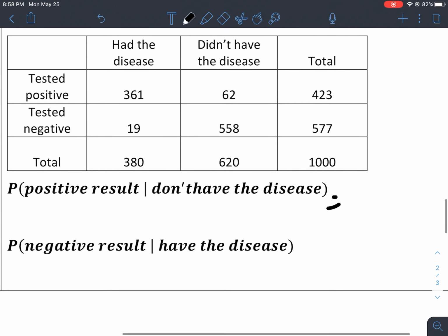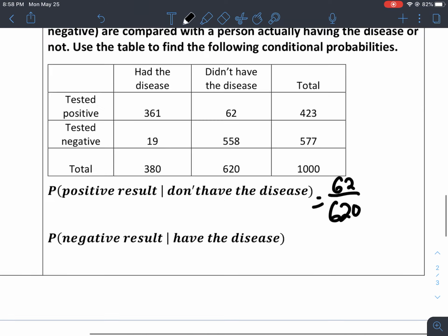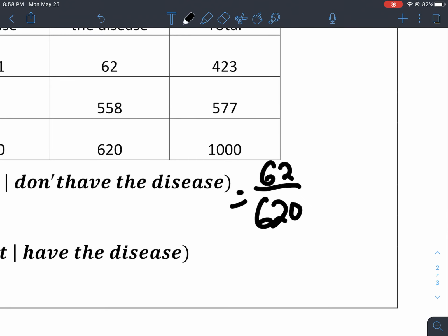But out of those 620 who don't have the disease, 62 of them got a positive result, meaning doctors or whoever thought that 62 out of the 620 had the disease. And if you simplify that fraction, that means 1 out of 10 patients who didn't have the disease were thought to have the disease, which is a pretty big number.